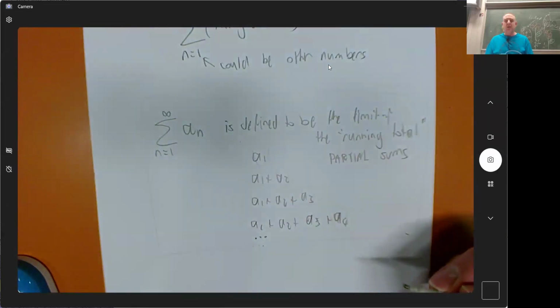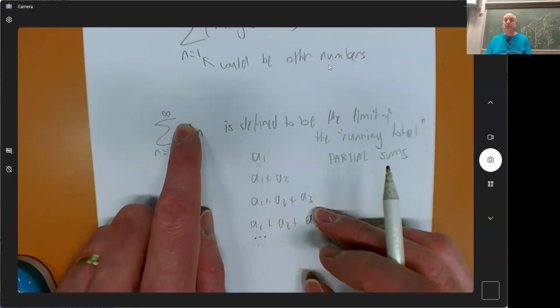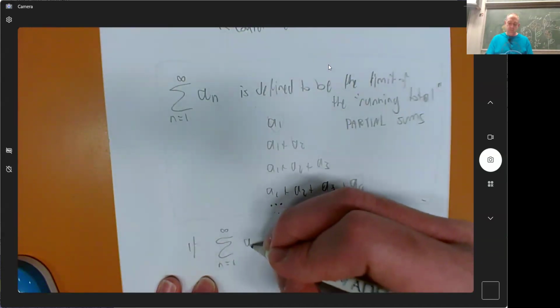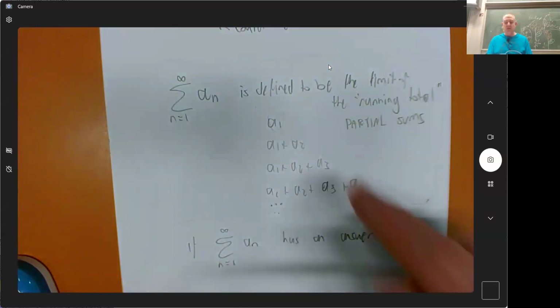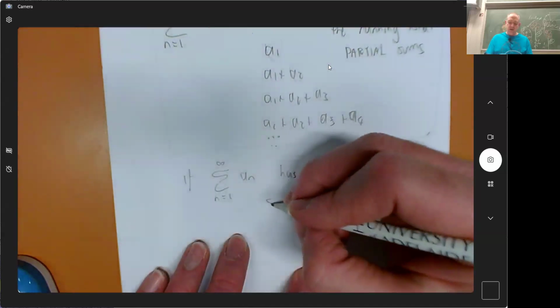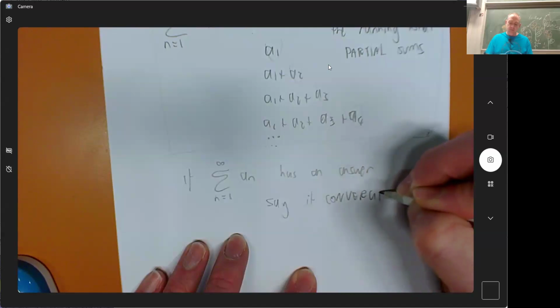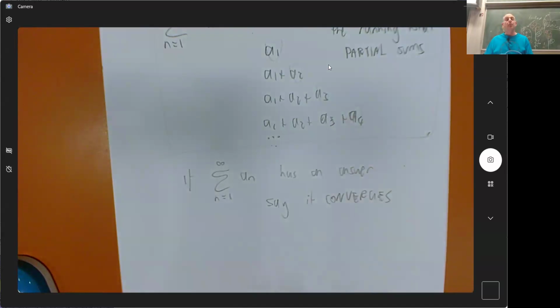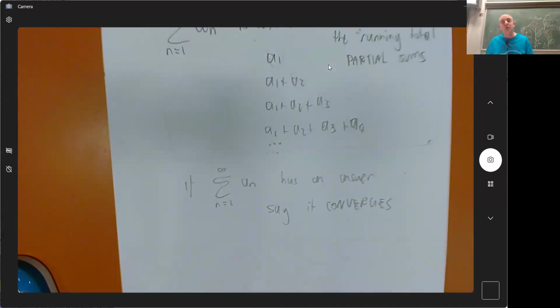And when we say it has a limit, what that means is, when it does have a limit, we say that this converges. So if it has an answer, which means that this has a limit, we say it converges. That's what we say. And the big question is, if you think of a random function to put in this spot, how do you tell whether it converges or not?